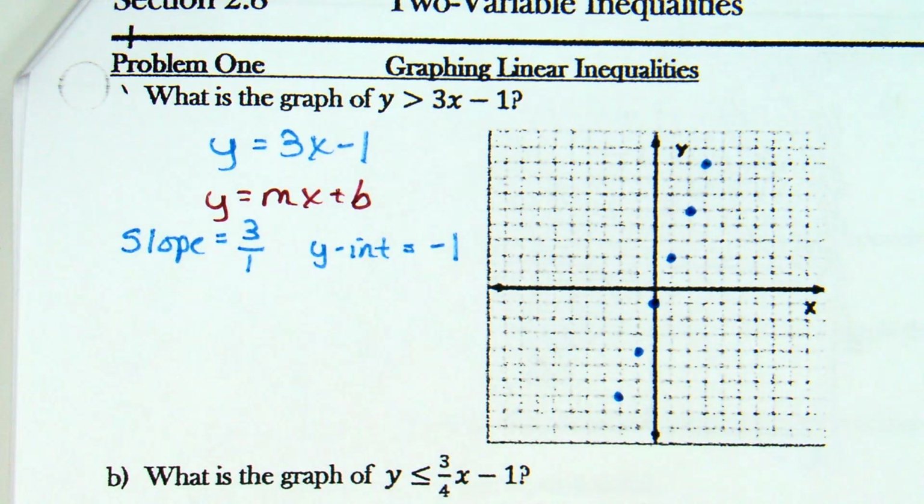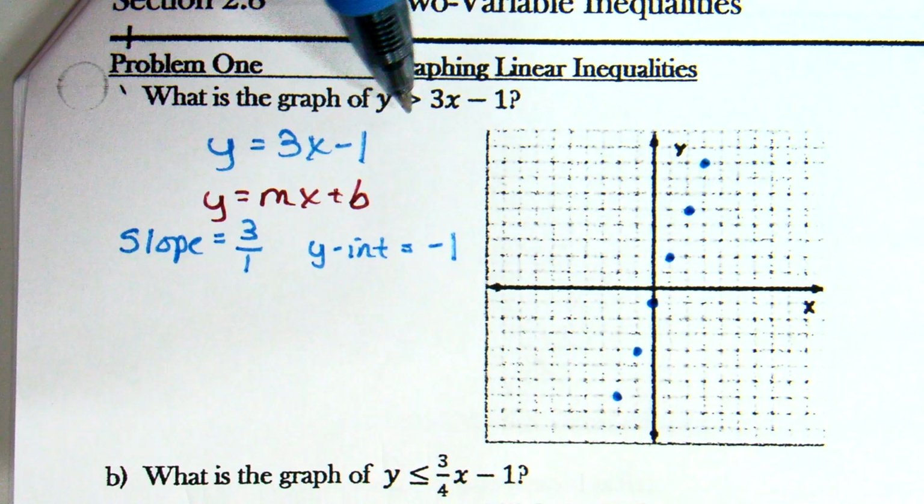A lot of people today have been saying dotted line. I usually say dashed line, a broken line, right? So which one is it? Is it solid or is it dashed? Why is it dashed? Because my original one was just a greater than symbol.